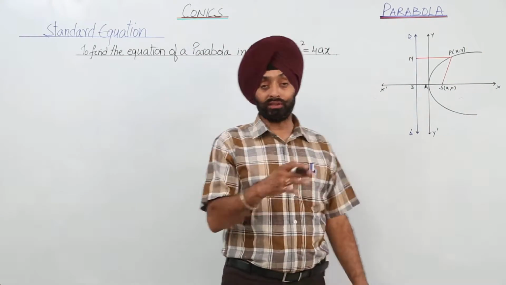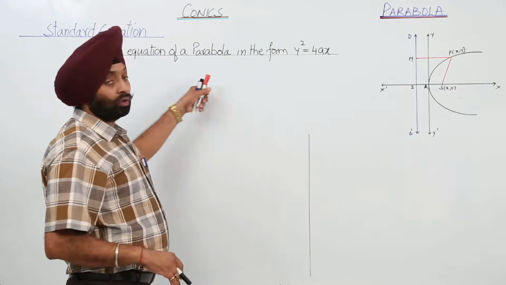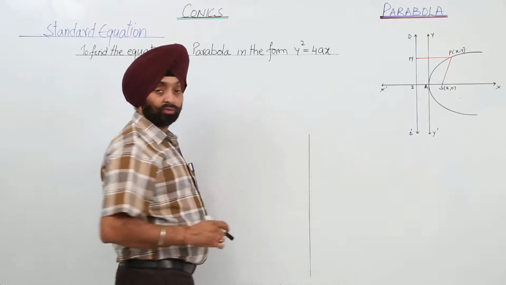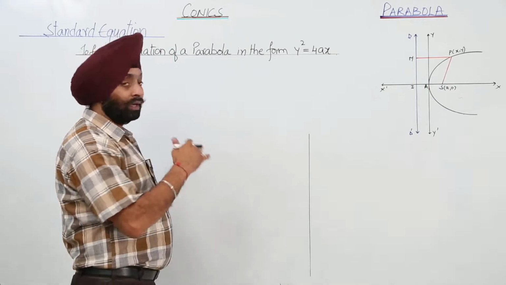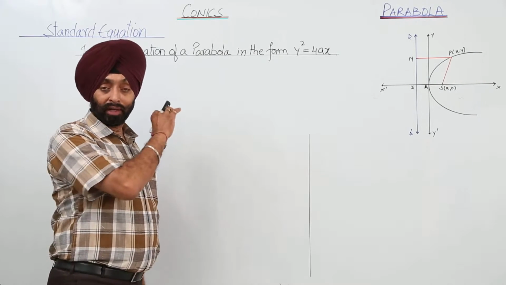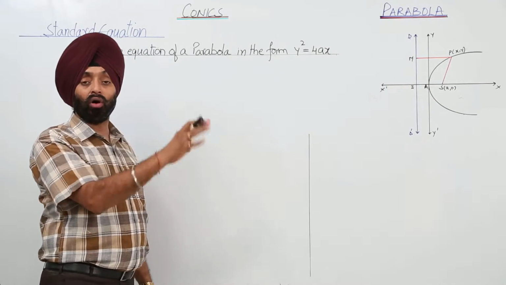Using all these things, let's find the equation of a parabola, the standard equation in the form y square is equal to 4ax. While deriving this equation, I am again writing a small recap of all these terms.